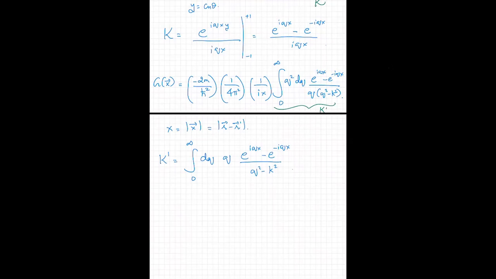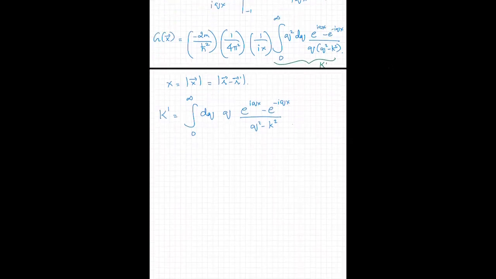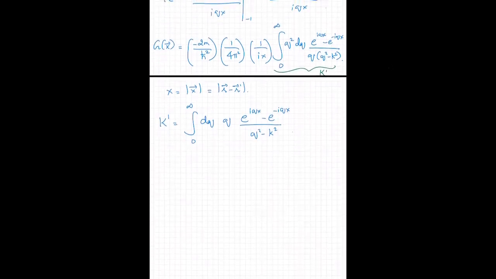Is everyone with me so far? Are there any questions? Yes, sir. Okay. So instead of jumping and writing in terms of sign, since I want to do contour integrations, I like the e to the iqx form. So let me keep this in the e to the iqx form. So first I will split this into 2 integrations.